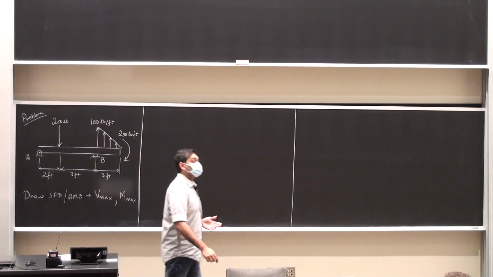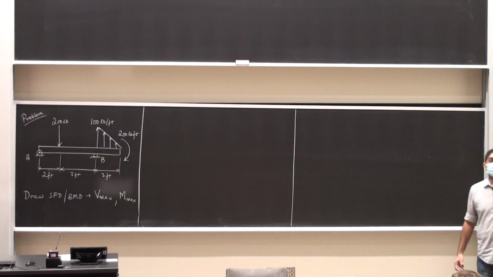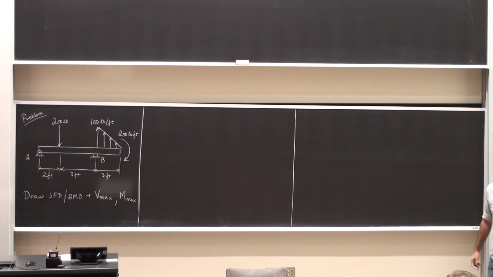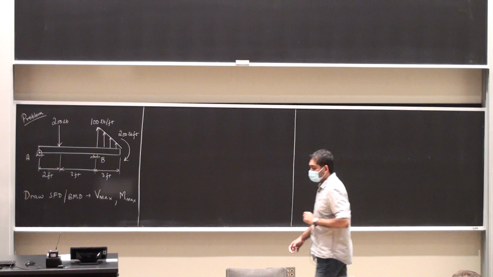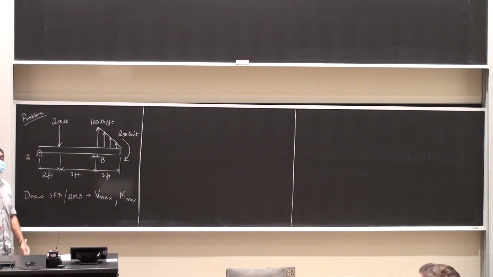As I said, your first step is always obtaining the support reactions. We are not going to spend time obtaining support reactions. I have the details shown in the lecture notes posted. Here are the support reactions we will obtain if you do the calculations.